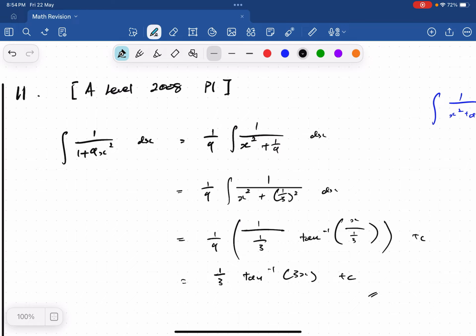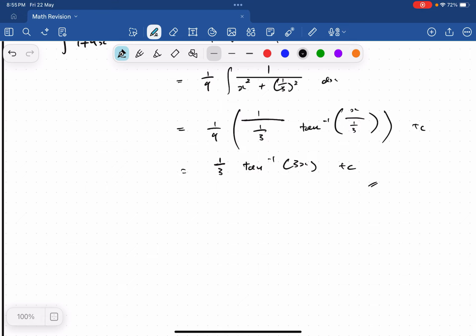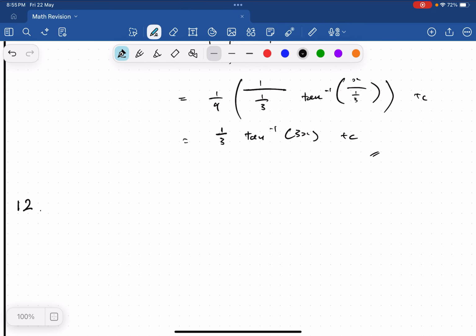Okay, let's do a slightly more complicated one now. This particular question is a bit more complex. It's particularly elegant, I feel, because of how tricky it can be if you are not careful. This was actually from A level, 2009, question 2 of paper 1. So it's still relatively early in the paper. You aren't usually expecting integration to come out as question 1 or 2, but in this particular year it did.